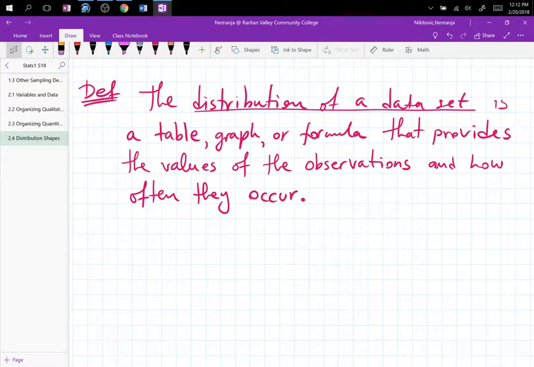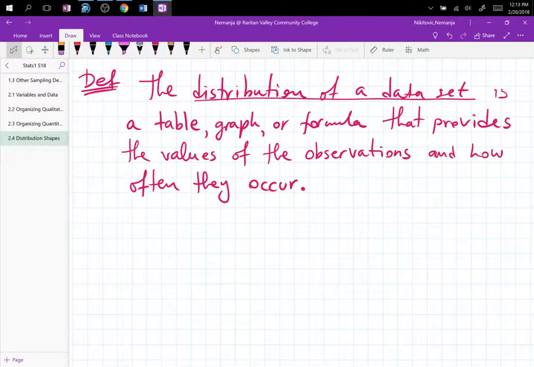So, first of all, we have to learn the basic shapes, right? And we start with what we call modality, which is going to tell us how many peaks the distribution would have.